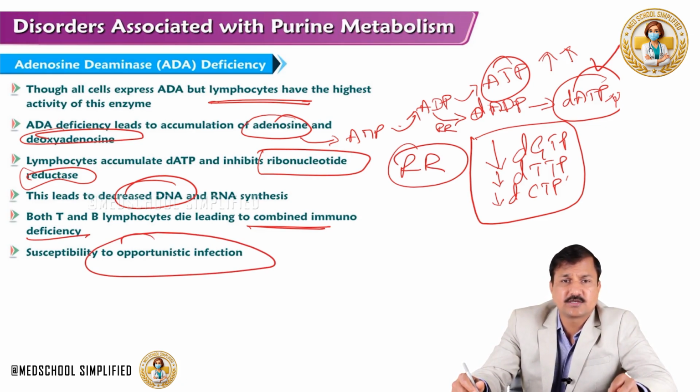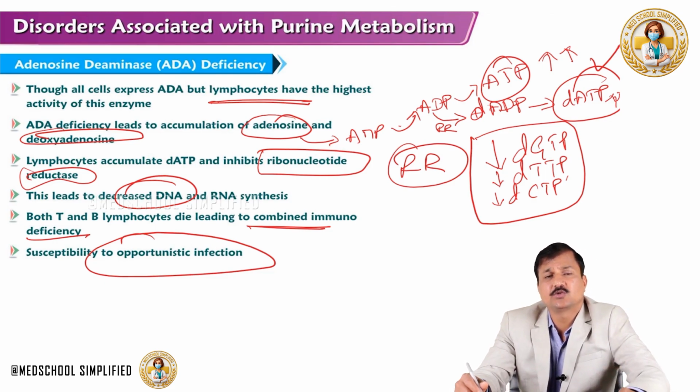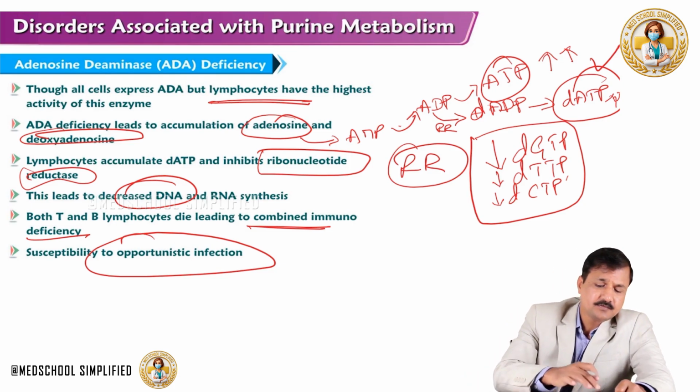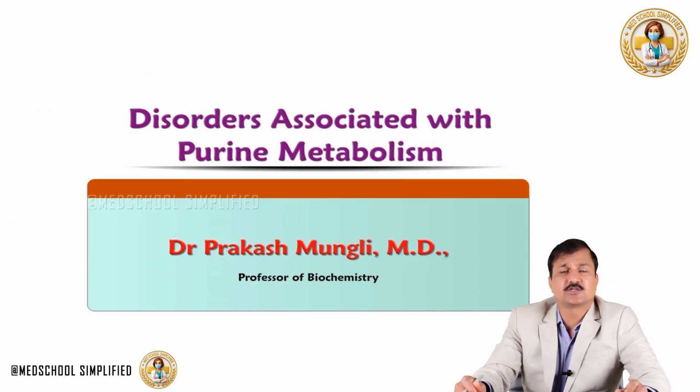All kinds of infections can be seen, and usually they will succumb to death. So this is the pathophysiology of adenosine deaminase enzyme deficiency leading to severe combined immunodeficiency disease. These are some of the disorders associated with purine metabolism. Thank you.